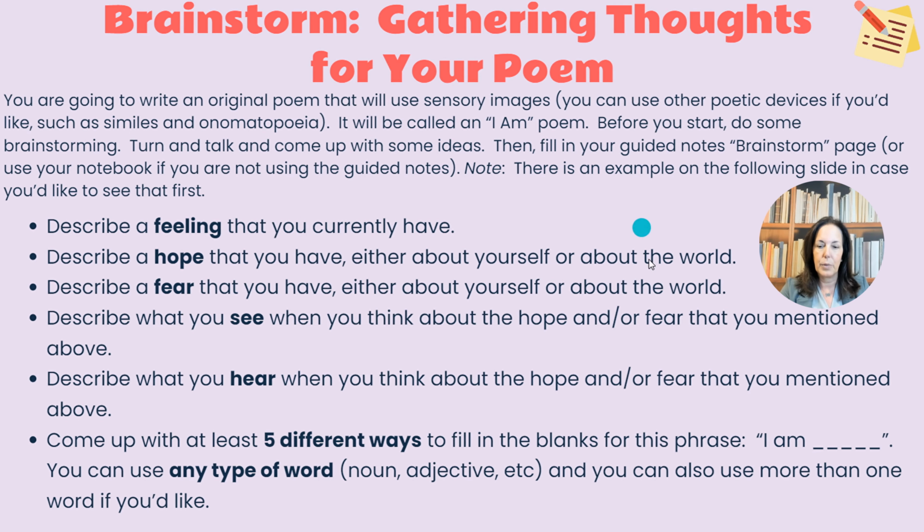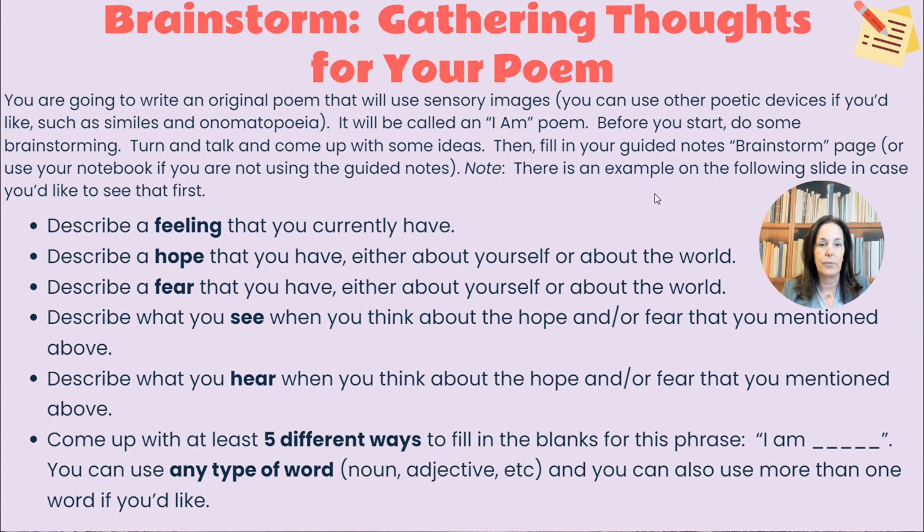Describe what you hear when you think about the hope and or fear that you mentioned above. Come up with at least 5 different ways to fill in the blanks for this phrase. I am, it can be anything here, okay? You can use any type of word, a noun, an adjective, whatever. And you can also use more than one word if you like.